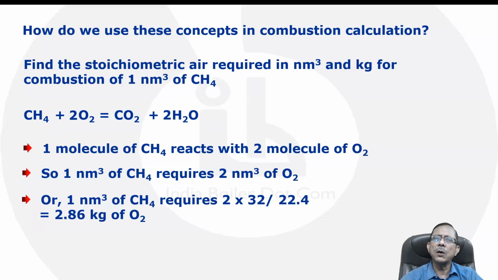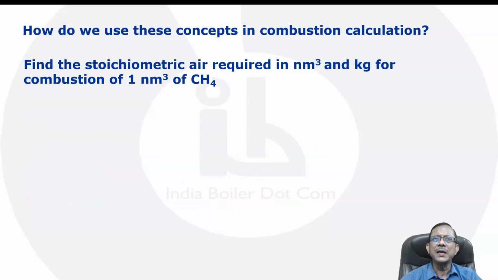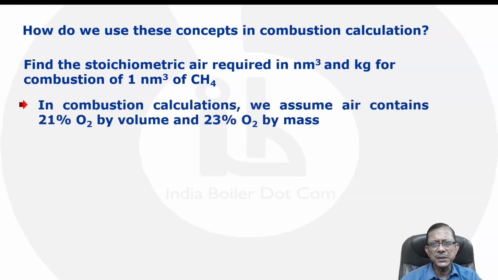So now we know the oxygen required for combustion of 1 nm cube of CH4, both in nm cube as well as kg. Next, we need to understand that in combustion calculation we assume that air contains 21% of oxygen by volume and 23% of oxygen by mass.